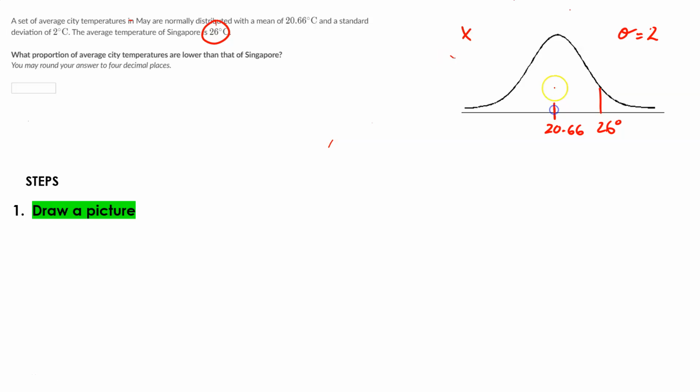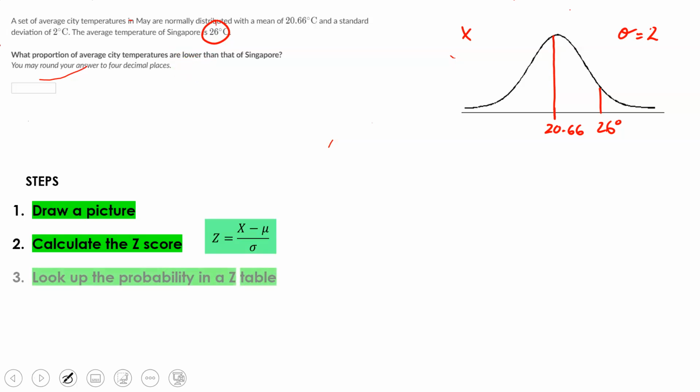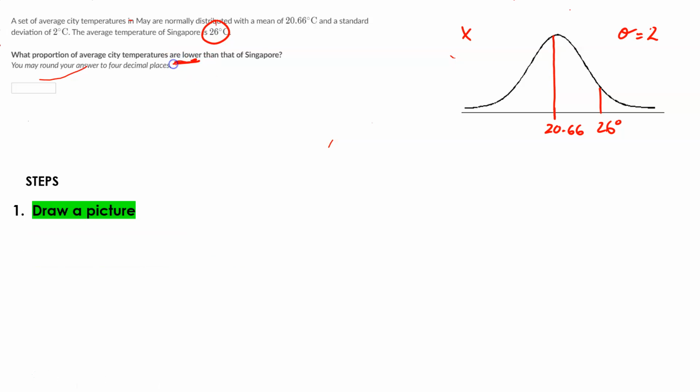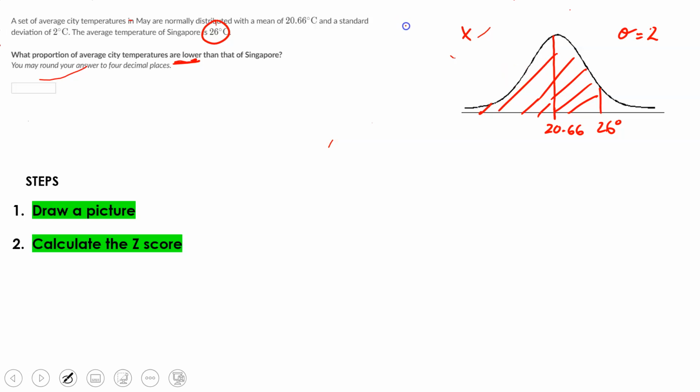We are trying to work out everything that is lower than Singapore, so we are trying to work out this area here. We talked about last week that anything below the mean is 0.5. So from our table, what we're doing is working out the area and adding it to 0.5.